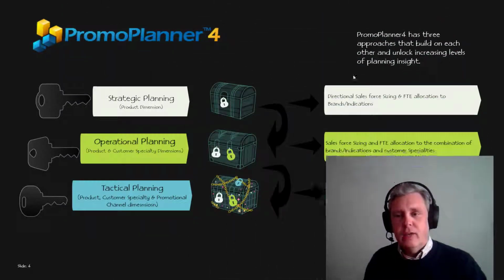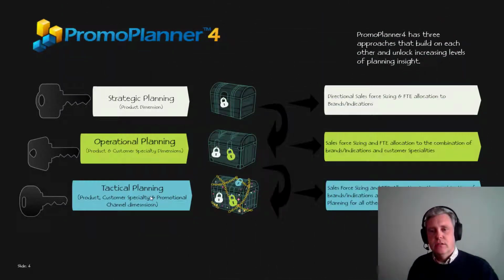Okay, so before I go on to show all you project managers out there exactly how to set up the customer landscape template with your information, let's talk a little bit about when you might need to do this. Now, the Promo Planner 4 has got 3 different approaches to planning. And each of these planning approaches unlocks increasing levels of planning insight, if you like.